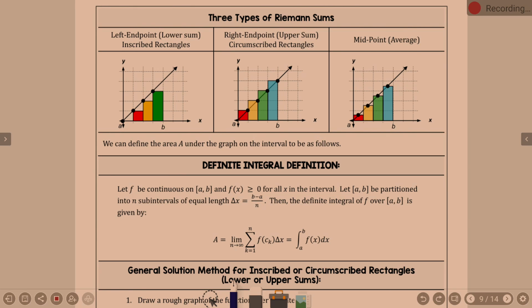They are also lower rectangles, if you're ever asked to do lower rectangles, because they are beneath the curve, as opposed to these, which are not beneath the curve. And inscribed means inside the shape. So these rectangles are all inside the curve, in other words, under the curve.